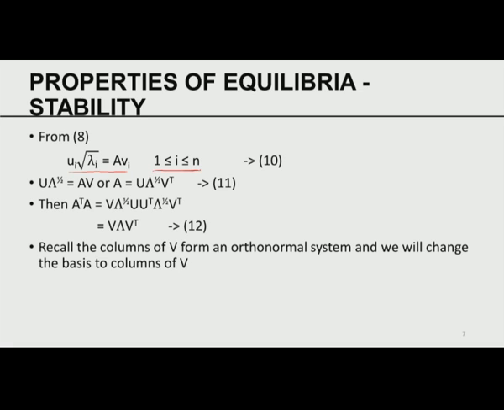There are n such relations; if I collect all the relations in matrix form, it becomes a matrix version. So 11 is the matrix version of 10. Therefore A transpose A is given by this decomposition, because U transpose U, they are all identity. U is orthogonal, V is orthogonal. Therefore I get this expression. So the columns of V are an orthonormal system.